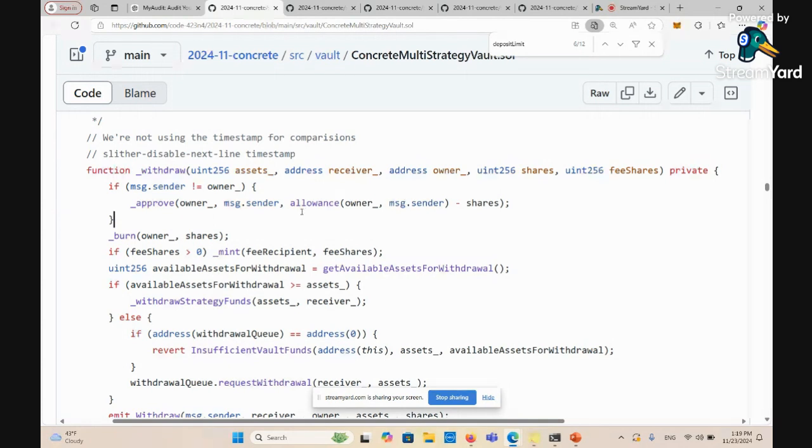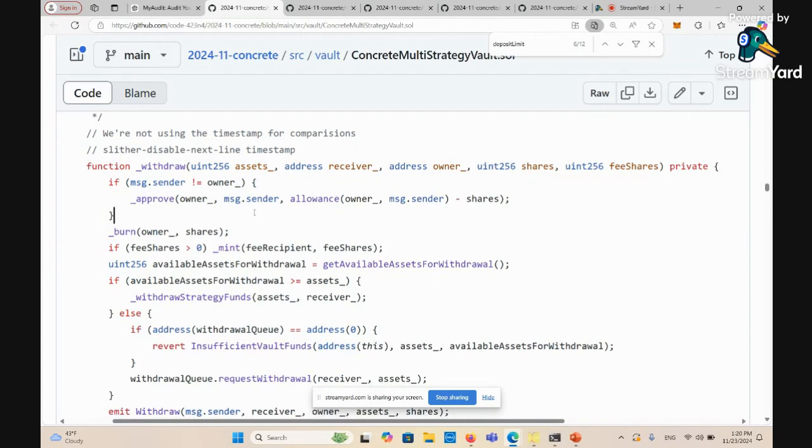So this simply sets the new allowance to this value, which is going to be the original allowance minus the shares, because that's how much you have to burn by the contract. So this is the amount you burn, and then this amount we mint for the fee assignment.